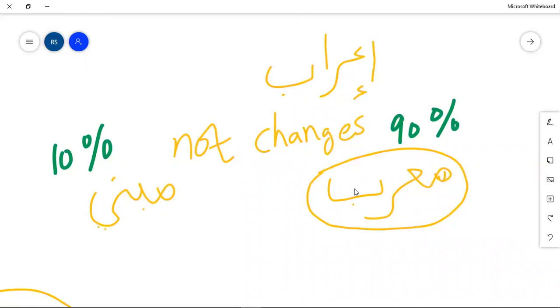Mim, Ain, Ra, Ba: Mu'rab. And the word whose I'rab does not change according to the sentence is called Mabni. So around 90% of words in Arabic are Mu'rab, and around 10% are Mabni.